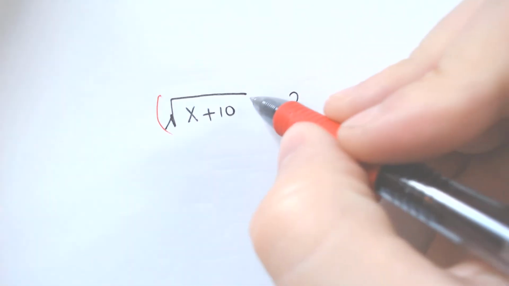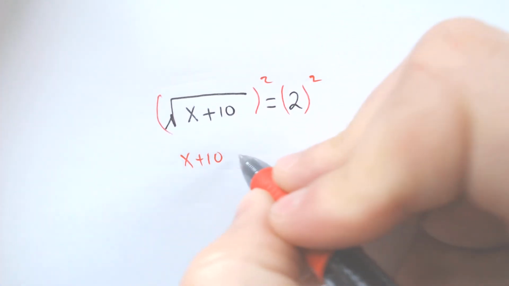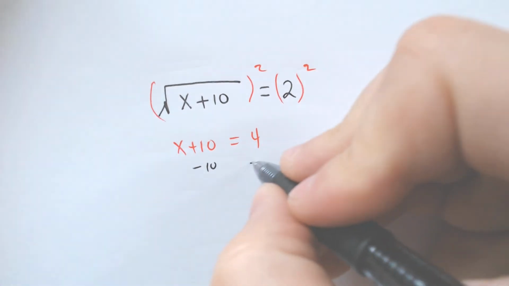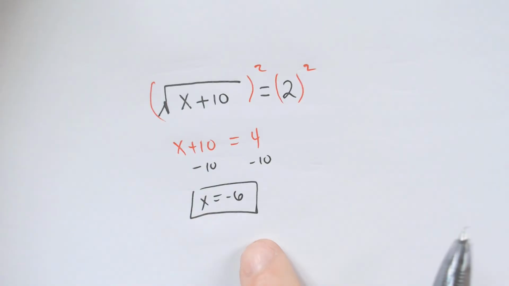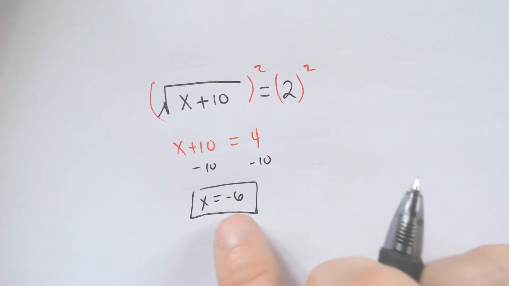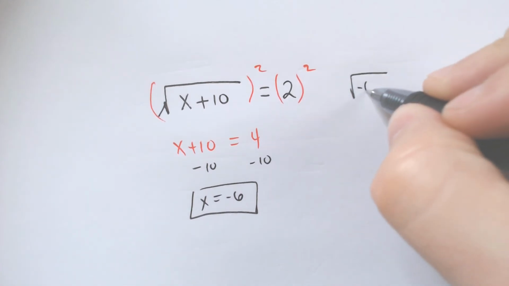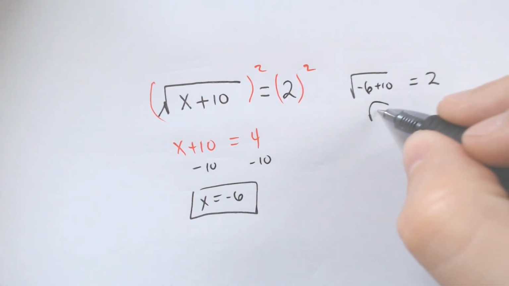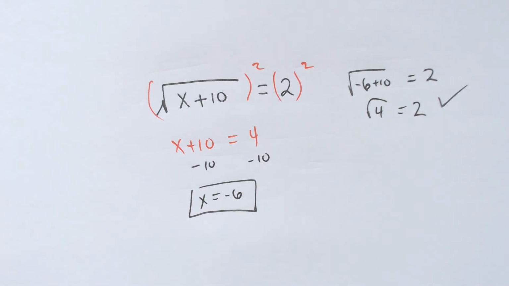Immediately, you can square both sides to where they cancel, and you get x plus 10 equals 4. If we subtract 10, x would equal negative 6. Even though x is negative, this is still going to be a correct solution because the square root of negative 6 plus 10 does in fact equal 2, because that's the square root of 4, and that equals 2, which is a win.